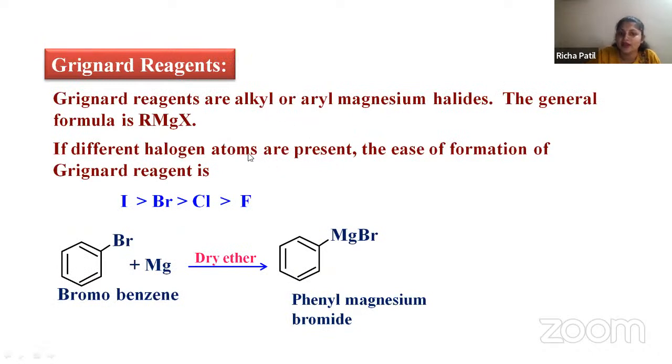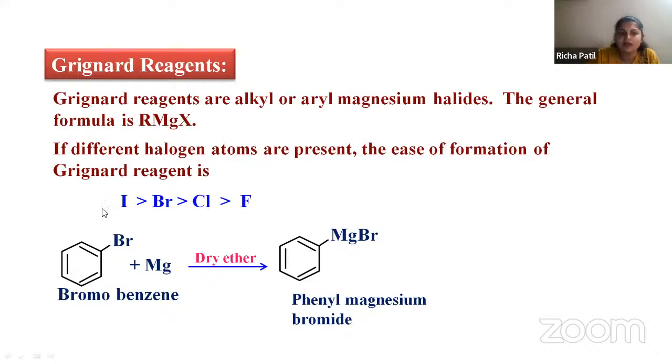Grignard reagent. We have discussed Grignard reagent also. What is a Grignard reagent? They are alkyl or aryl magnesium halides. The general formula is RMgX. If different halogen atoms are present, the ease of formation of Grignard reagent is: iodine is more reactive than bromine, which is more than Cl, which is more than fluorine.